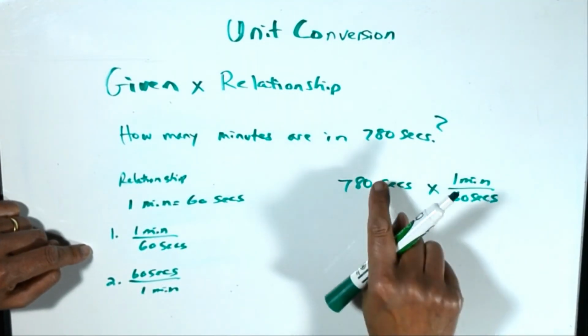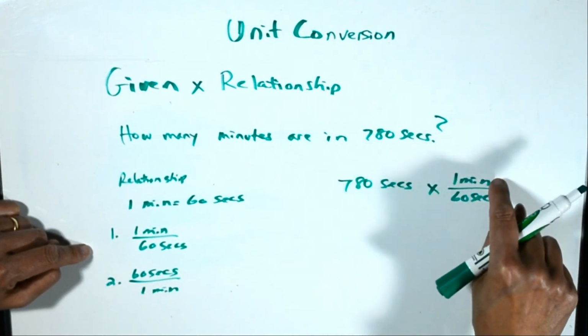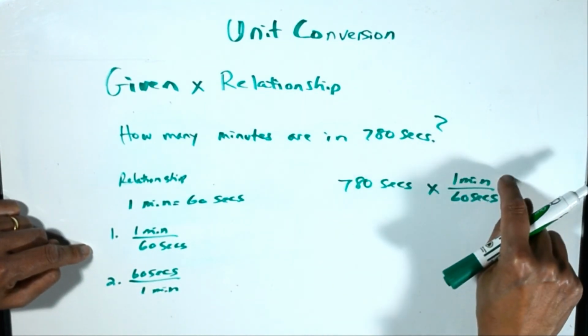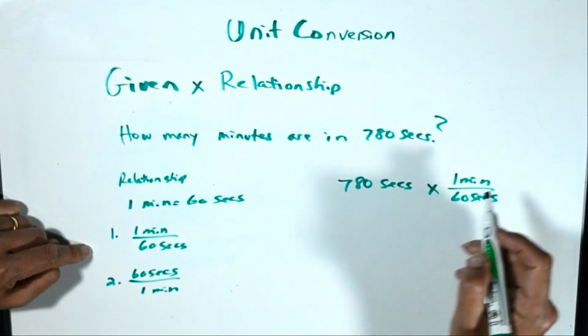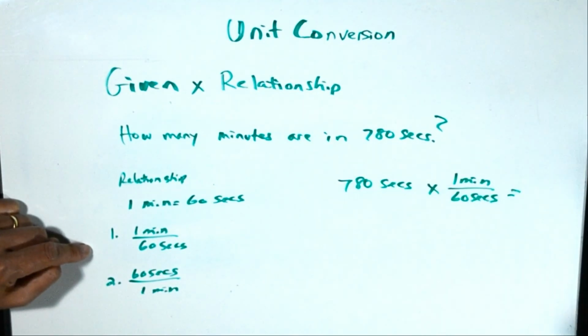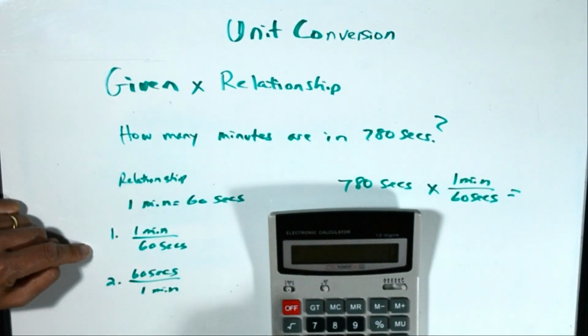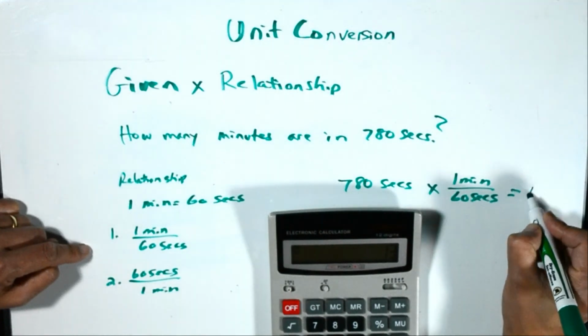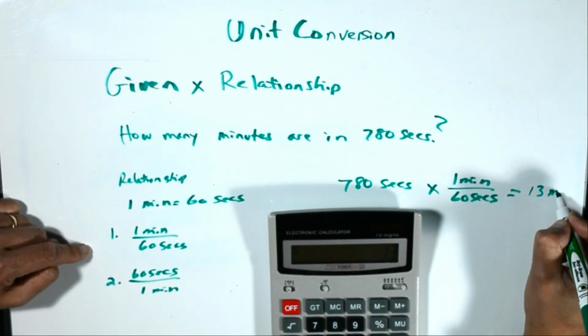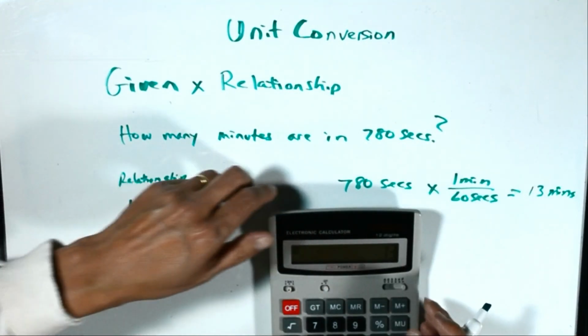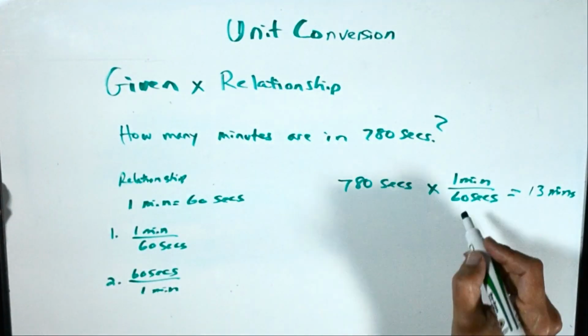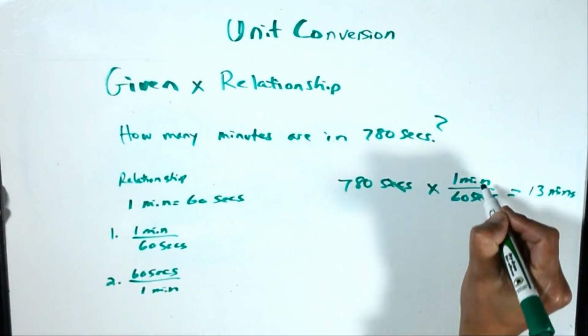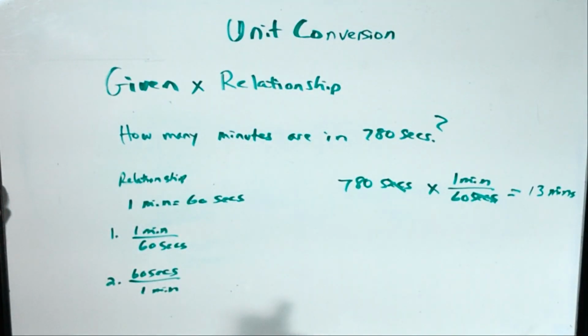When we multiply everything on the top, 780 seconds times 1 minute divided by 60 seconds, if we do the calculation, 780 divided by 60, we get 13 minutes. Okay, because the seconds cancel, that leaves only the minutes left.